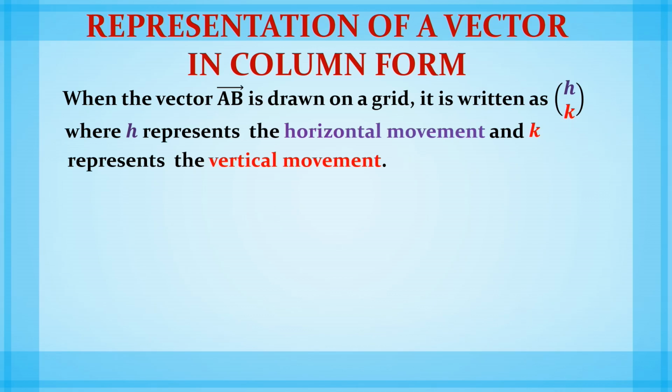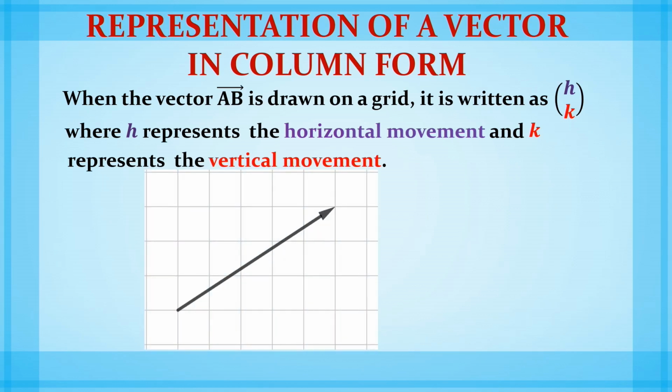Now, if the vector AB is drawn on a grid, we obtain a directed line segment with starting point A and end point B. To express the vector AB in column form, first we consider the horizontal movement from the starting point A. Suppose here it is h units, implying the horizontal component of the vector AB is h.